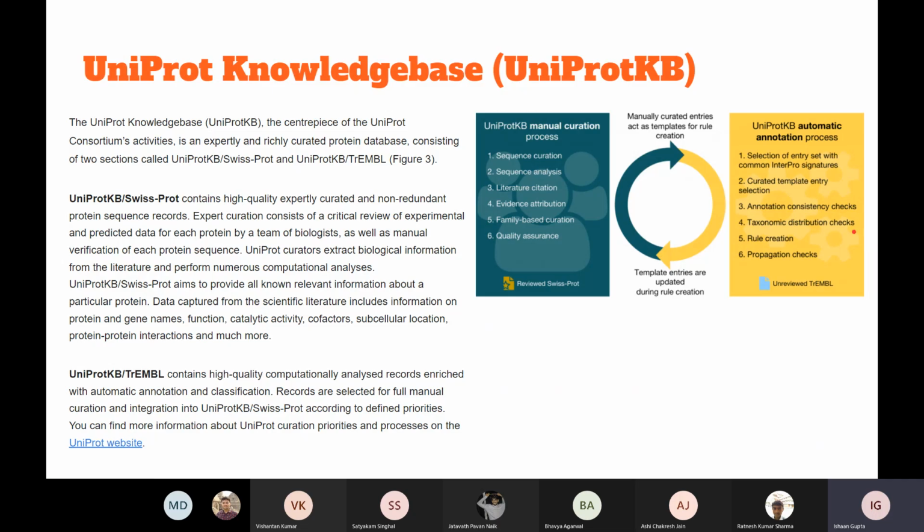Okay, so you call UniProt a hybrid database because there is some part which is manually curated, like in the case of Ensembl, where you have assured quality, right?